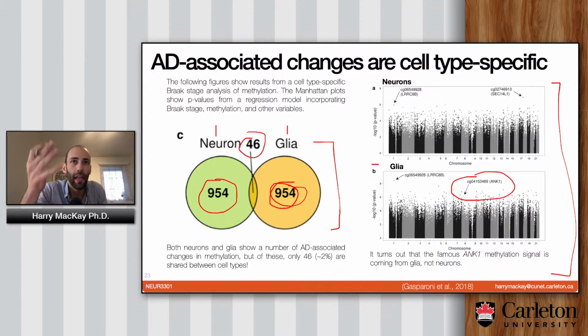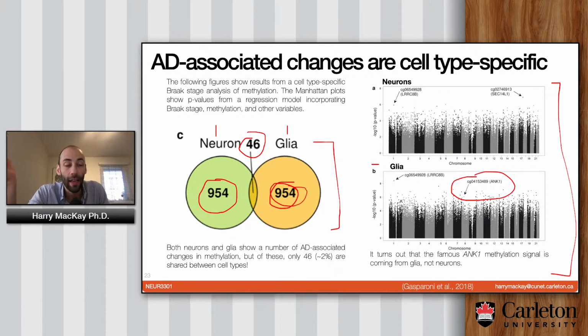So the conclusion here is that as far as the epigenetics are concerned, glia seem to be just as important as neurons. Even though Alzheimer's is seen typically as a neurodegenerative disease, it would point to some importance for the glia as well. And there's a great deal more you could get into if you wanted to pursue that further.